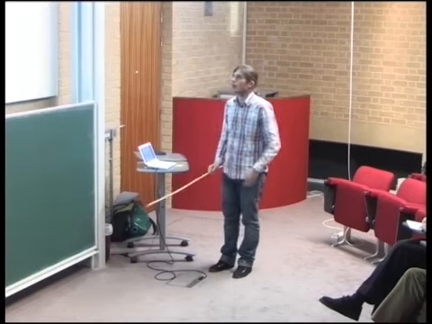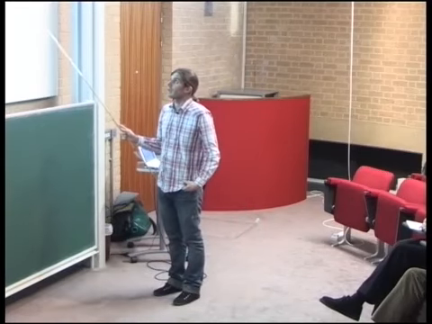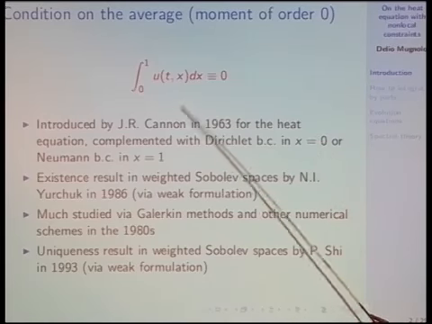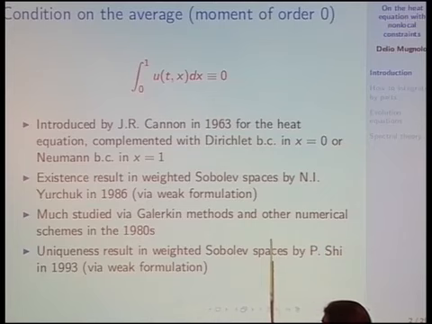Okay, so this is pretty much everything which is known for the case of mixed boundary conditions, local and non-local. But in the meantime, it had already been discovered that the heat equation has other invariants.